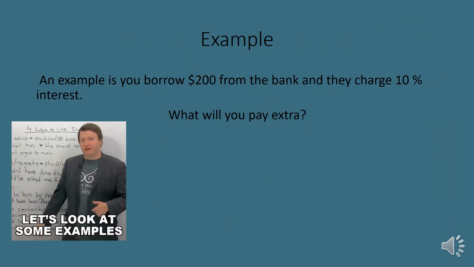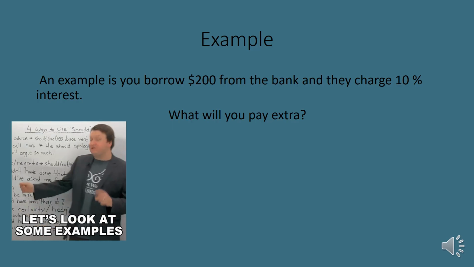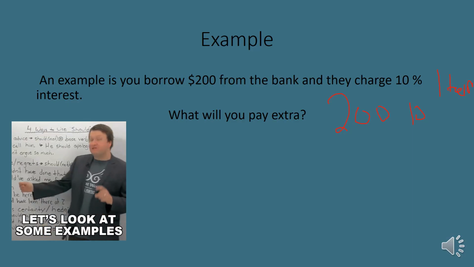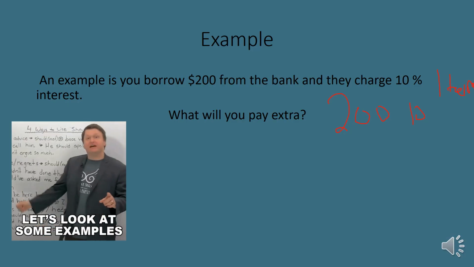Here's another example I could show you guys. Let's say the bank gives you $200, but they charge you a 10% interest for one term, 1 year. Basically, that's what it means. Because this is fixed, it will stay the same during the whole time. So what's 200 times 10%?